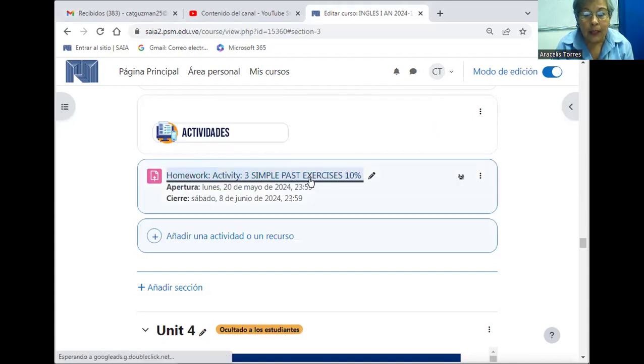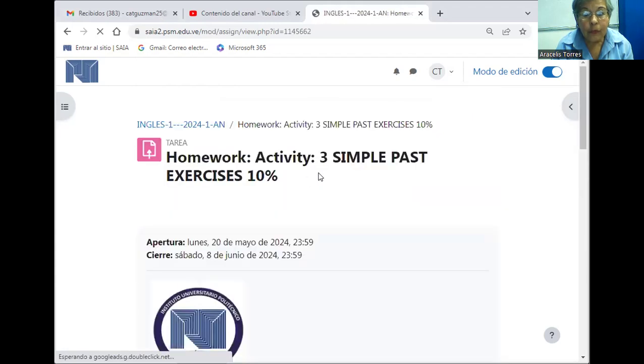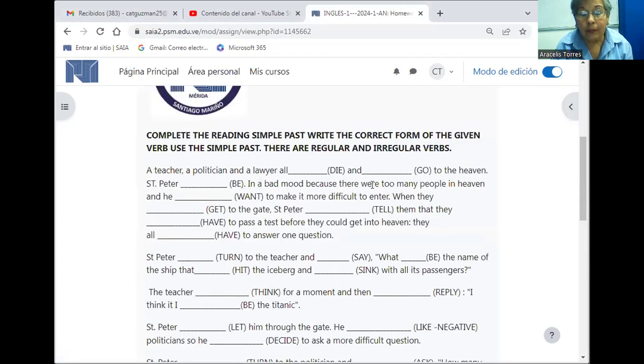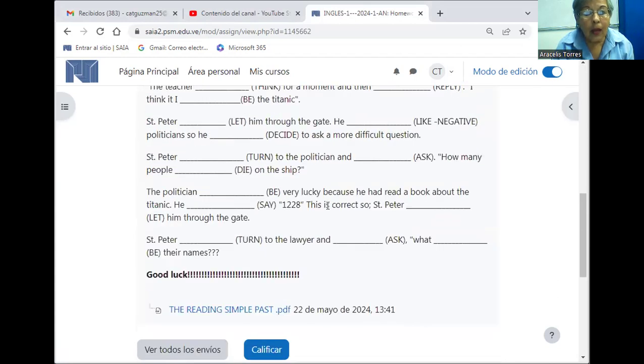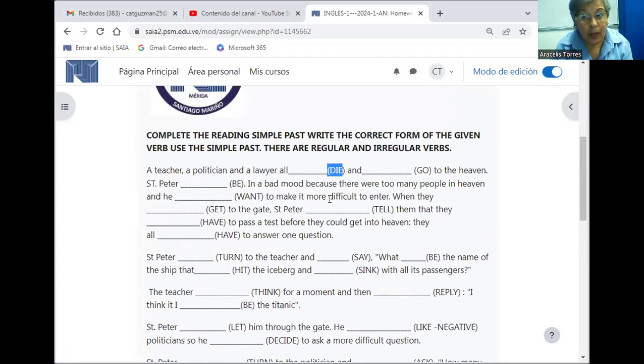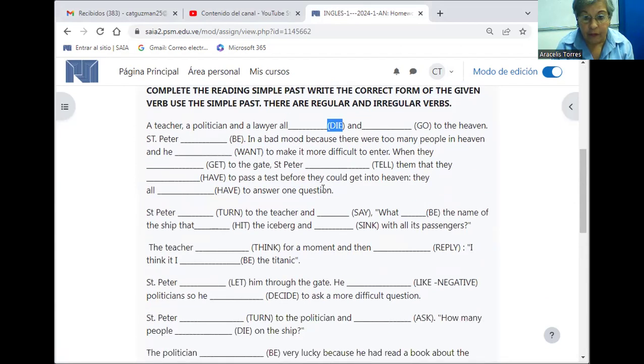In the exercises, we have a reading about something that happened. You have to use regular verbs and irregular verbs. The verbs are in parentheses here. You can go on reading. And you have to do this and turn it in as a PDF.